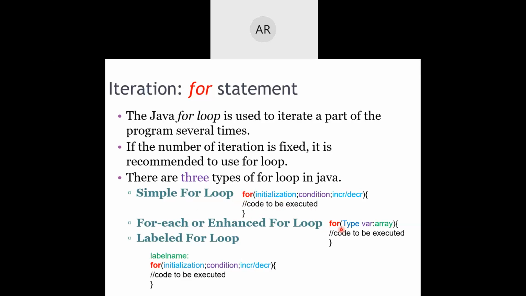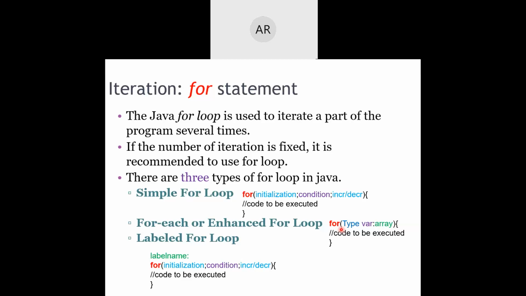We have associated the variable k to our marks array, and I have told you that once we associate a variable to the array, it will point to the first element of the array and it will get automatically incremented after execution of the body of the for loop, and it will continue till the end of the array is attained. Once the array is finished, the for loop will close.